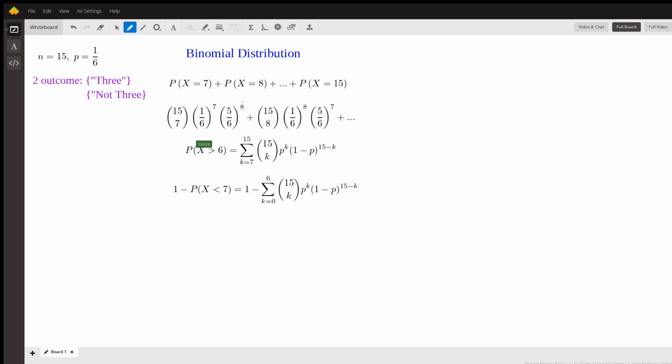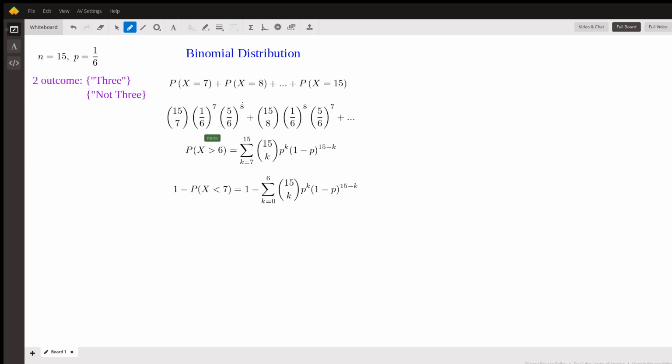Let's look at one piece, the probability that x equals 7. We have the combination here. So out of 15 rolls, there are that many ways to arrange 7 threes. So these are the different arrangements.